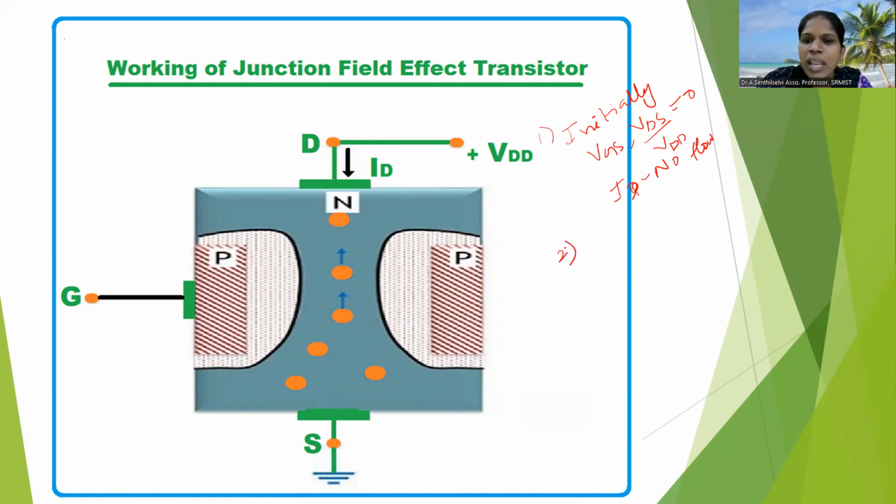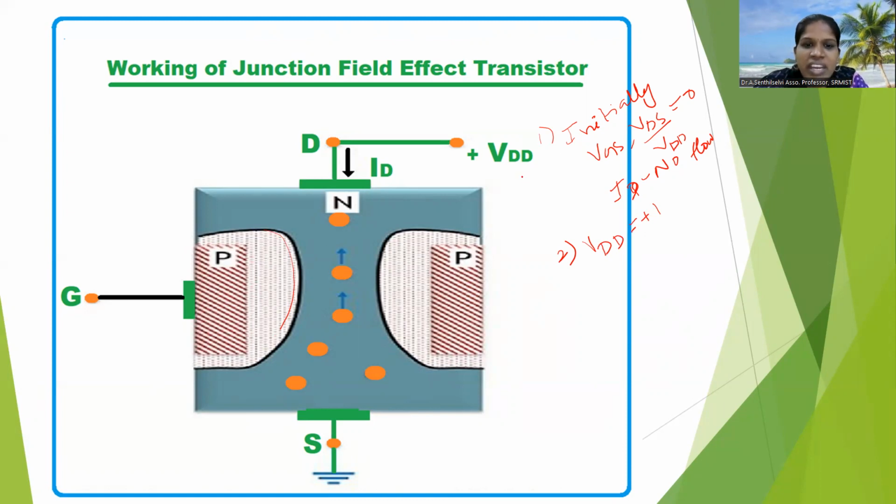Then we apply some positive voltage to VDD, for example 1 volt. If we apply some voltage to VDD, the width of the depletion layer is reduced. Initially both depletion layers touch each other.